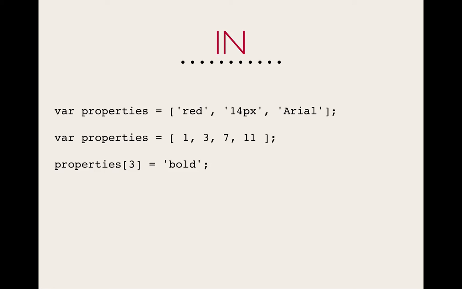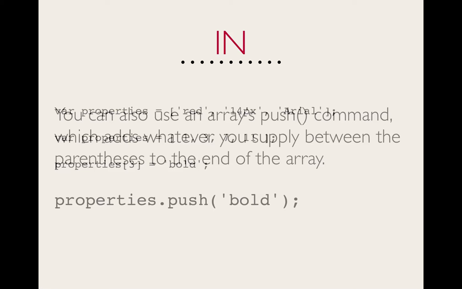You could assign a value of bold to the third place, number 4 to us humans, to the one that has the index of 3 in, say, properties. So again, in the top example, red is in position 0, index of 0, 14 pixels is index 1, Arial is in index 2. Interesting.